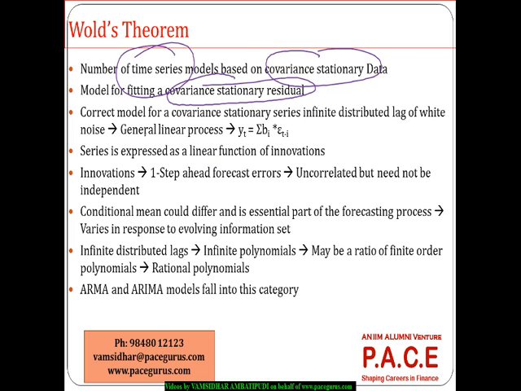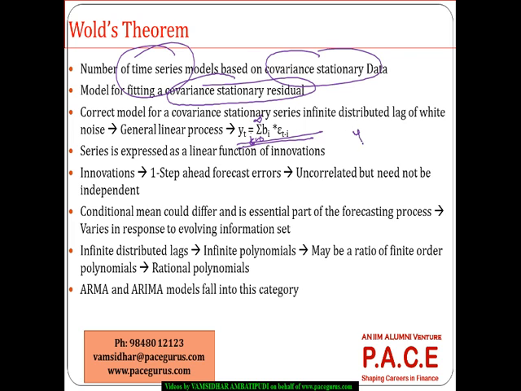So that is where Wold's theorem simply says that if something is a covariance stationary process, you express the Yt's as the summation of bi times the error. So express it in this particular form, for i equal to 0 to infinity.